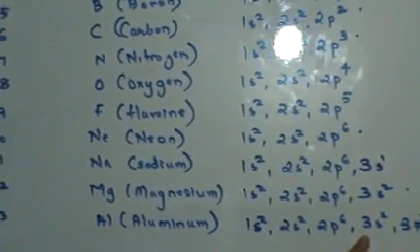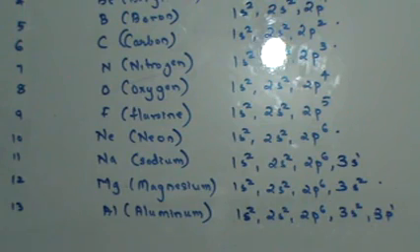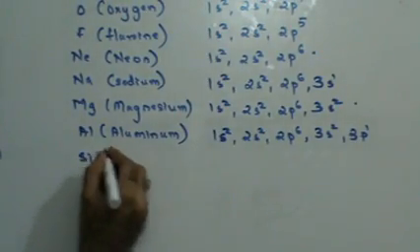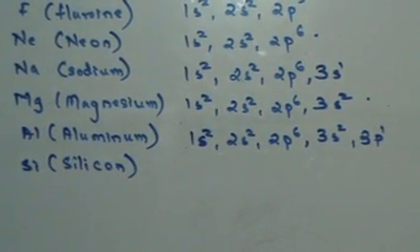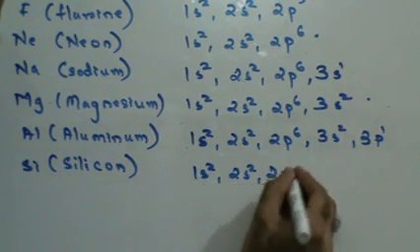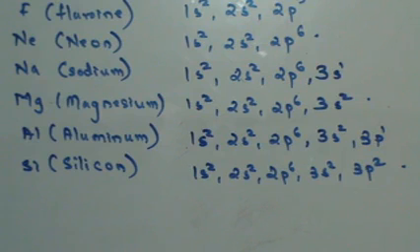S orbital can take a maximum of 2 electrons, so 2 will go there and that 1 extra will go in the p orbital. Right? Next, let's consider silicon. Guys, try doing silicon, please. 1s2, 2s2, 2p6, 3s2, 3p2. Third orbit can have 4 electrons, out of which 2 will be in the s orbital and 2 will be in the p orbital.